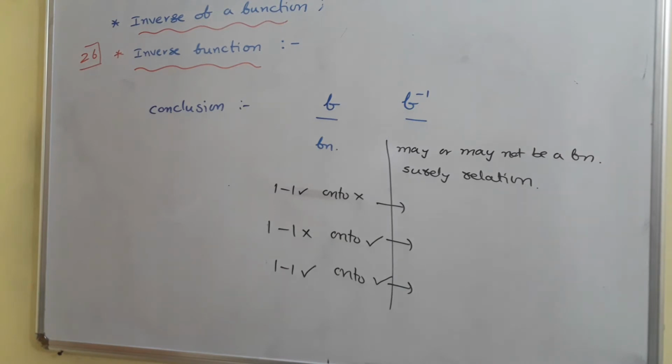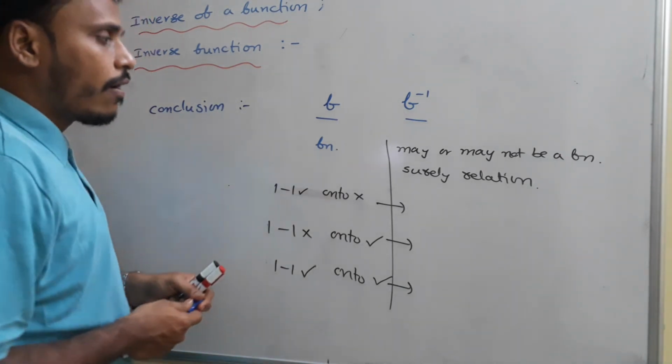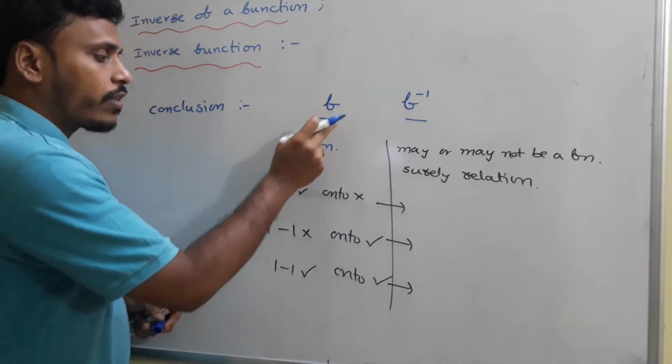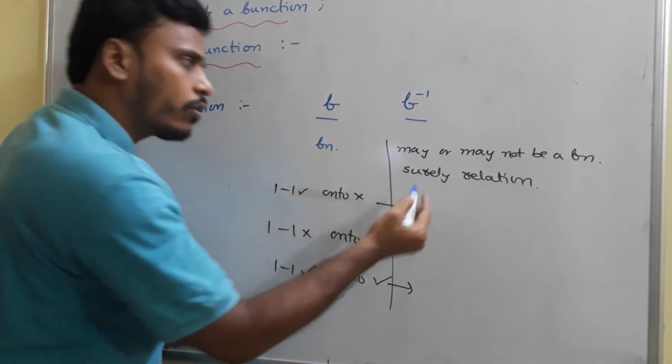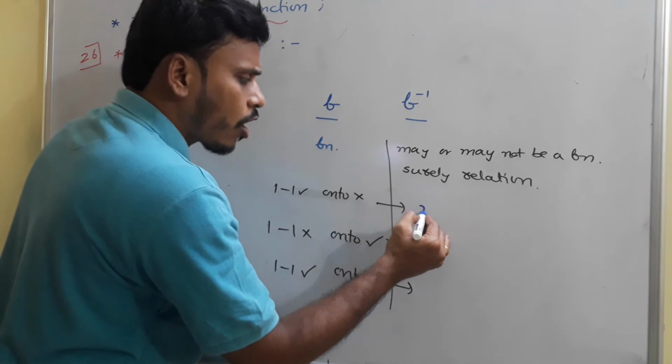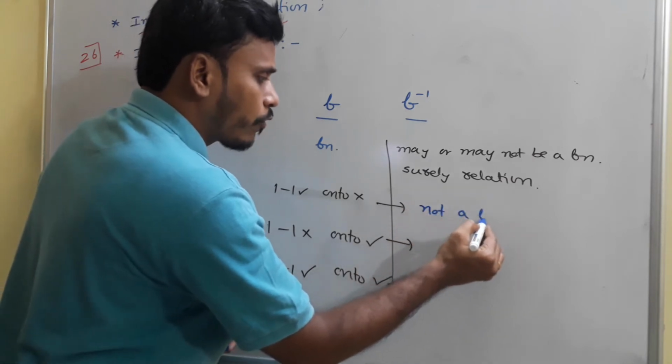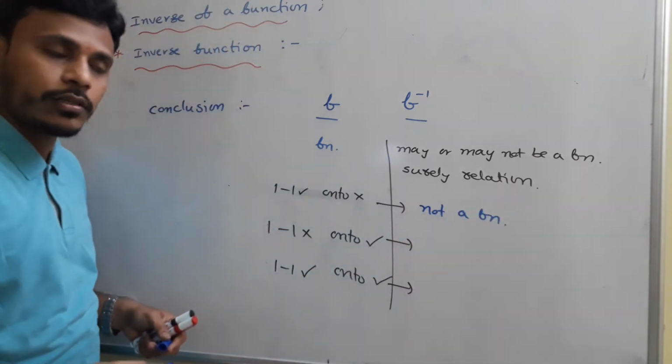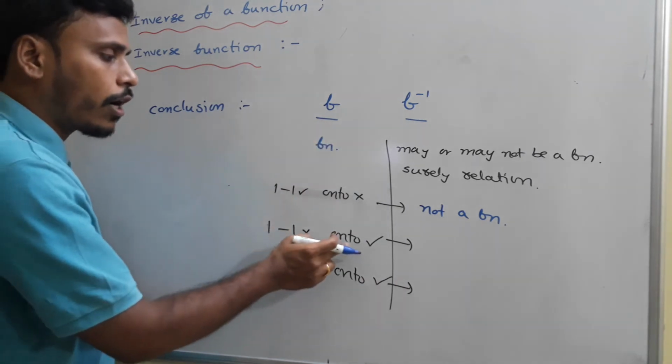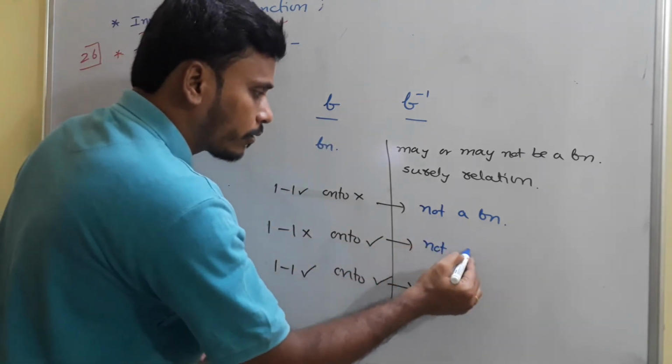As a conclusion, if f is a function, we are not sure whether its inverse is a function or not. For sure it is a relation. Whereas if the given function f is 1-1 and not onto, then f inverse is just a relation, not a function. Since we are thinking about functions, I am writing it as not a function. If f is not 1-1 but onto, again not a function.